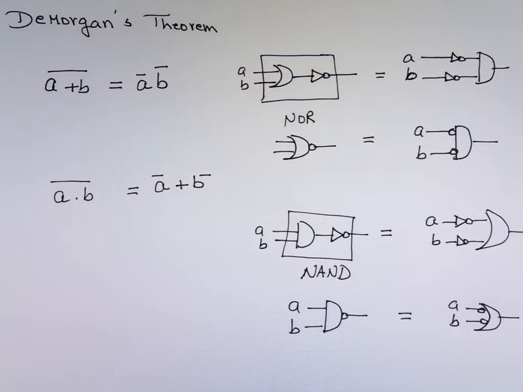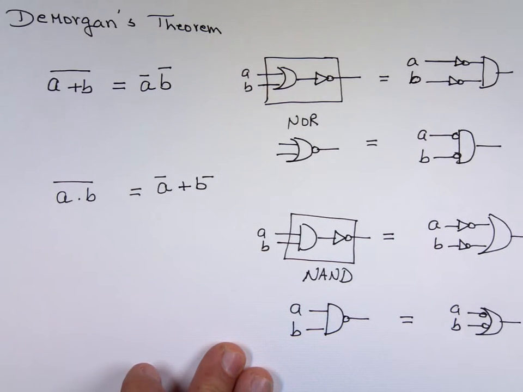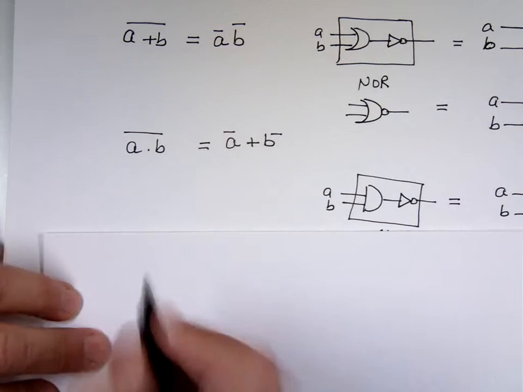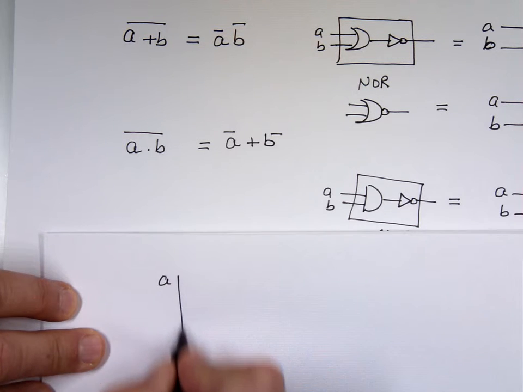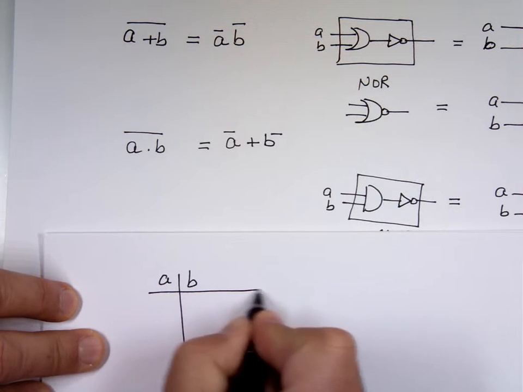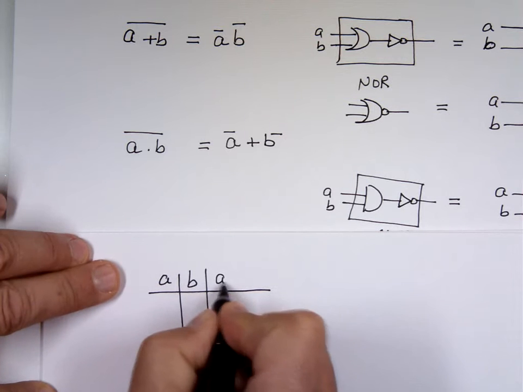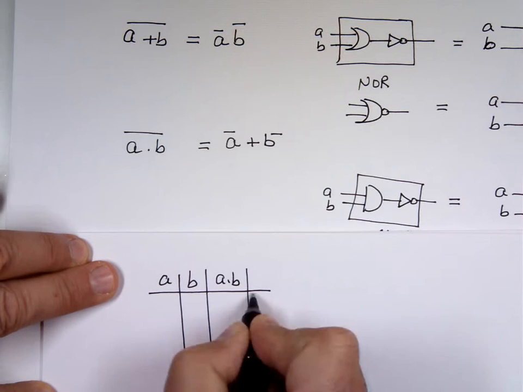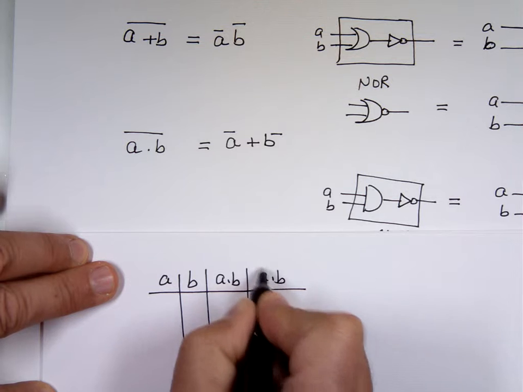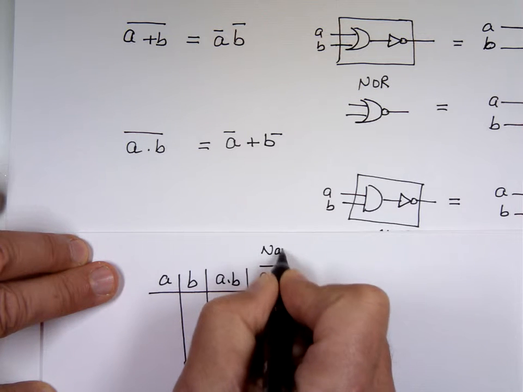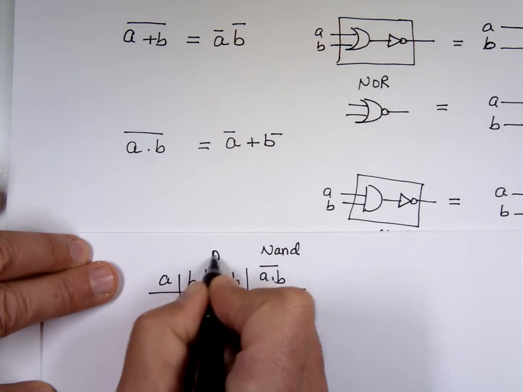Now let's look at the truth table for the NOR and the NAND and show you why I like this. Here's the AND gate. If this is A, B, this is A and B, and this is A and B with the knot. So this is the NAND gate, and this is the AND.